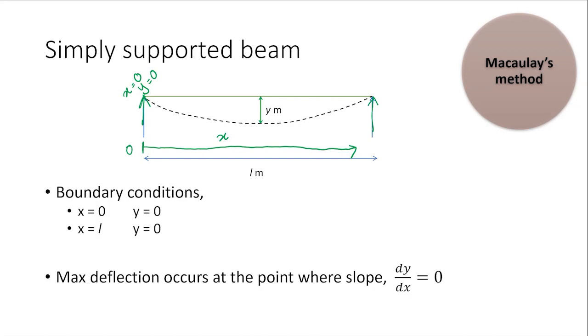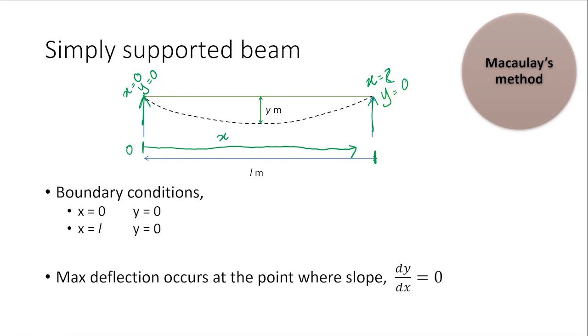So x is the distance, and y is the deflection. When you learn about the equations of the Macaulay method, deflection and such, we use y as deflection and x as distance. And for the second boundary condition, x equal to L, y will be equal to 0. When x is equal to L, meaning at the very end, because the beam is L meters, the deflection will be 0.